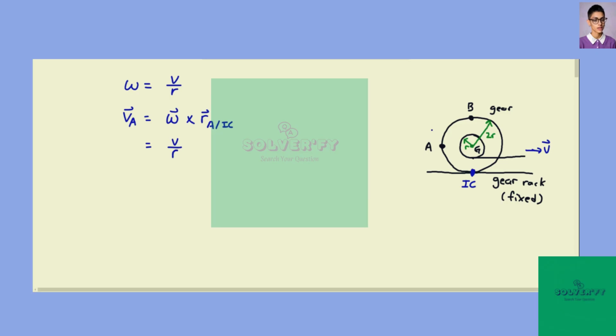So this is going to be the direction of omega. So it's negative V over R k cross the position of A relative to the instantaneous center of zero velocity, which is going to be minus 2R i plus 2R j.